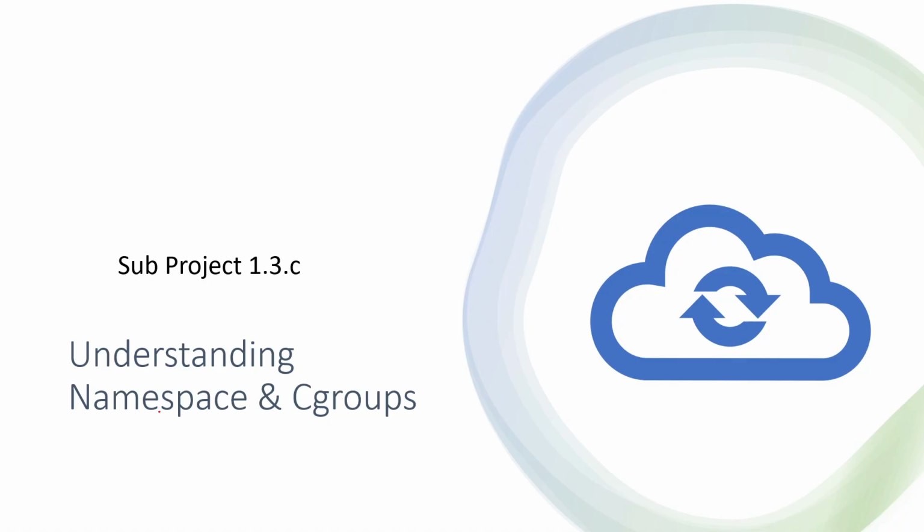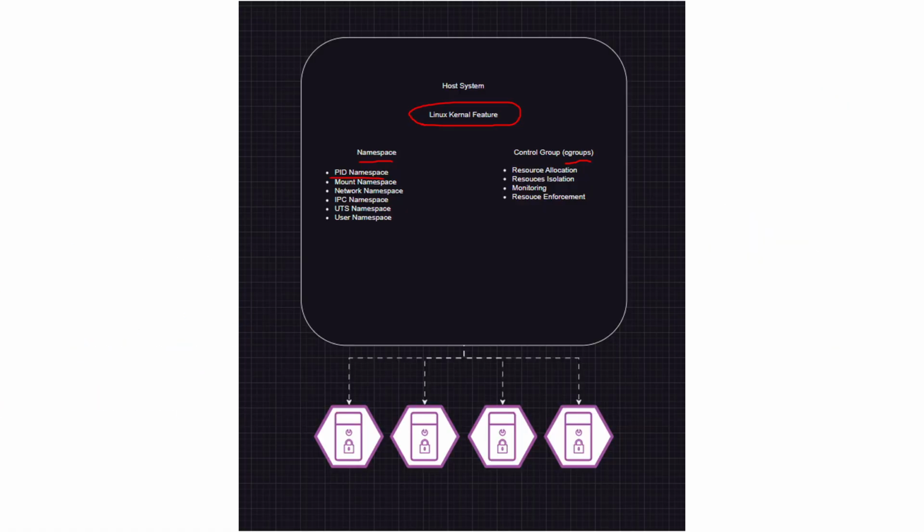The next one is the mount namespace, which isolates the file system mount points, creating a separate mount tree for each namespace you create. A process within a mount namespace can mount and unmount file systems without affecting the global file system namespace.